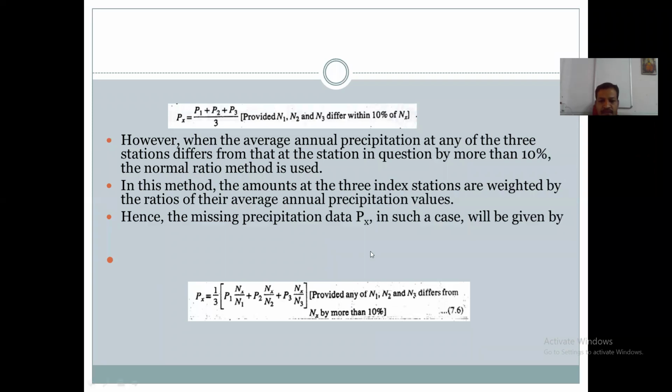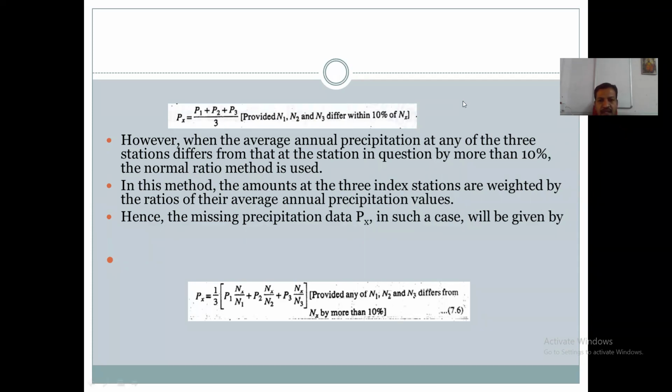So if the values of N1, N2 and N3 differ from Nx by more than 10%, then this formula is used. And when the values of N1, N2, N3 are within 10%, then this formula is used: Px is equal to P1 plus P2 plus P3 by 3.